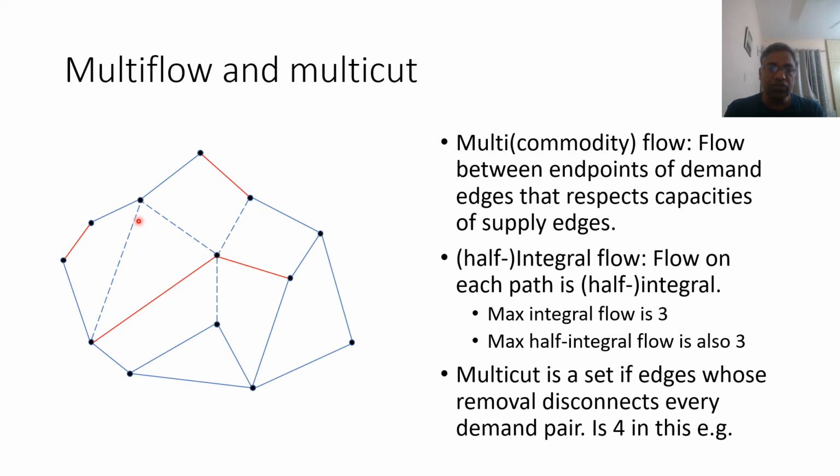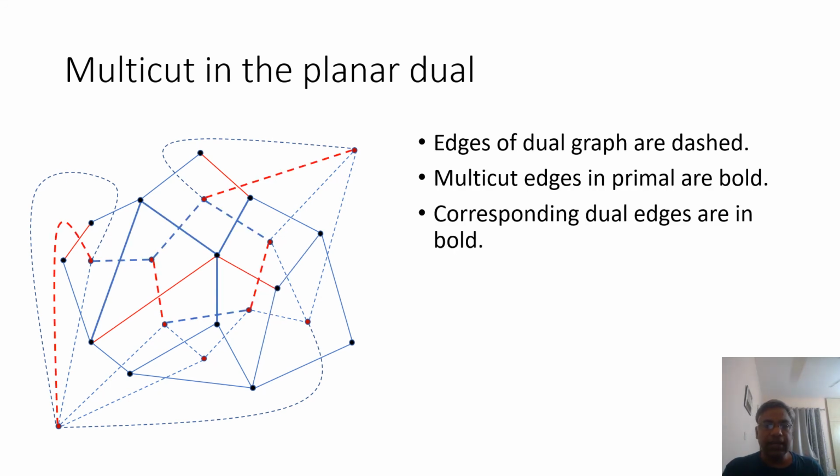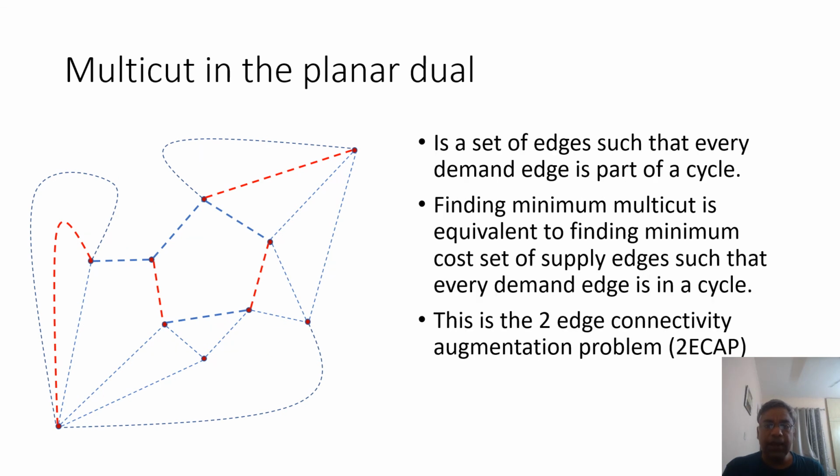What's a multicut? A multicut is a set of edges whose removal disconnects every sourcing pair. So I'm thinking of the endpoints of an edge as a sourcing pair, and here if I remove these dashed edges, then every sourcing pair gets disconnected, and this multicut is of size 4. And now interestingly, if I look at the multicut in the dual graph, and I'm going to skip some slides, the multicut is a set of edges such that every red edge, which is the edge corresponding to the demand edge, is part of a cycle.